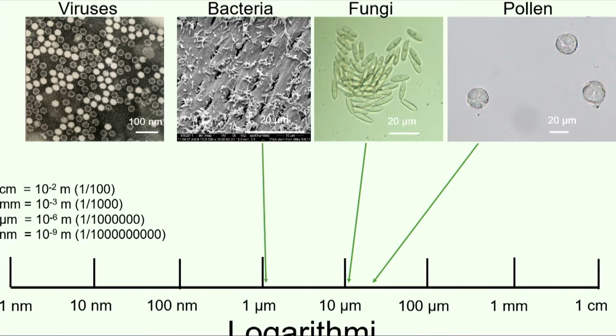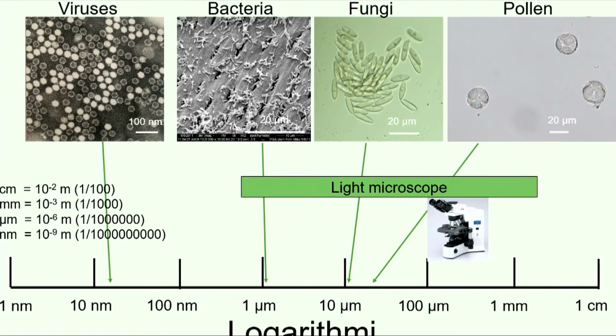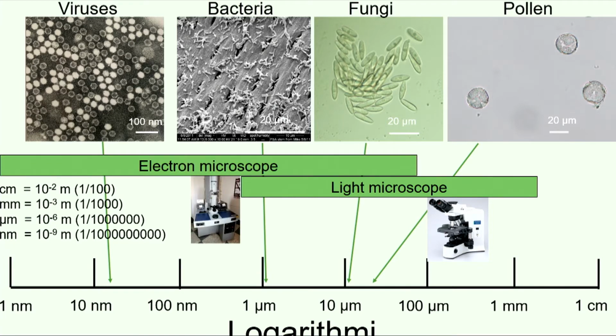But PSA is down here at 5 microns, and the viruses are even smaller again. This particular virus is about 20 nanometers in diameter. So we can see the bacteria, the fungi, and the pollen with the light microscope, but we can only see the viruses with the electron microscope.